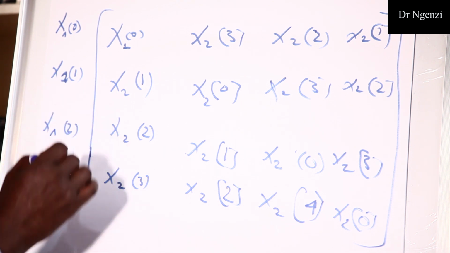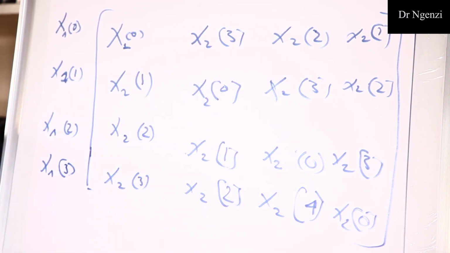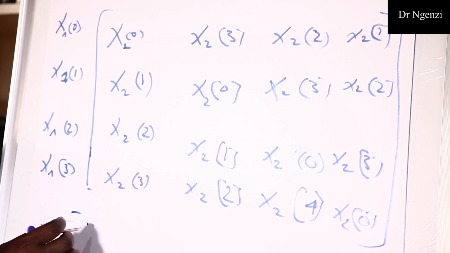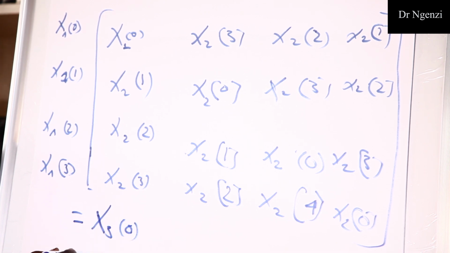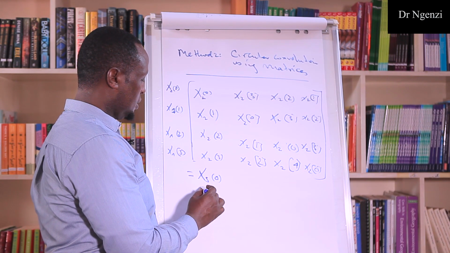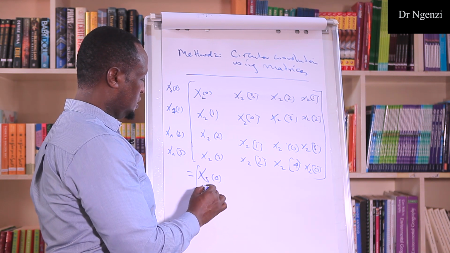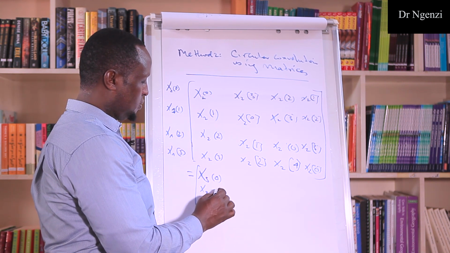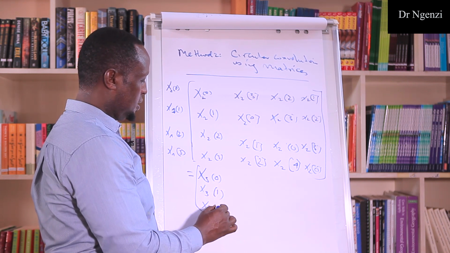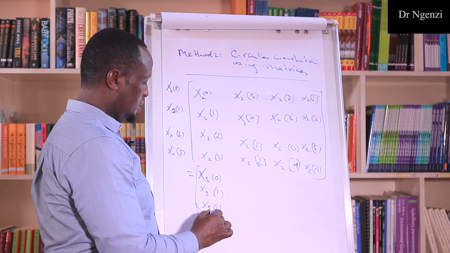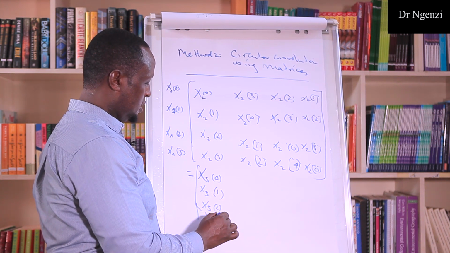So it is multiplied to get the output as the big X of 3, that is big X of 3 at 0, then X of 3 at 1, X of 3 at 2, then X of 3 at 3.